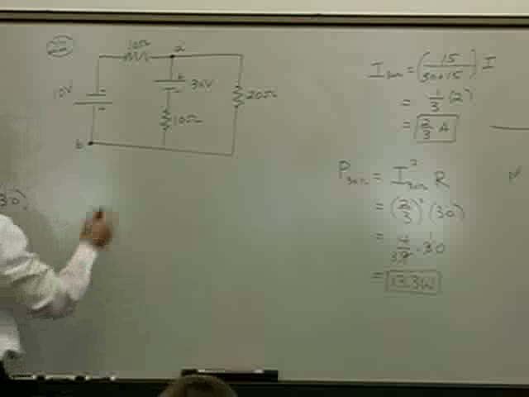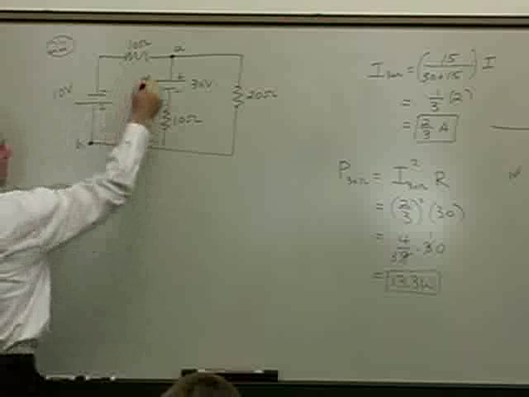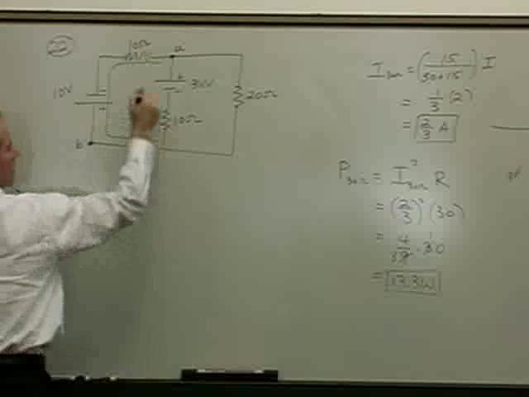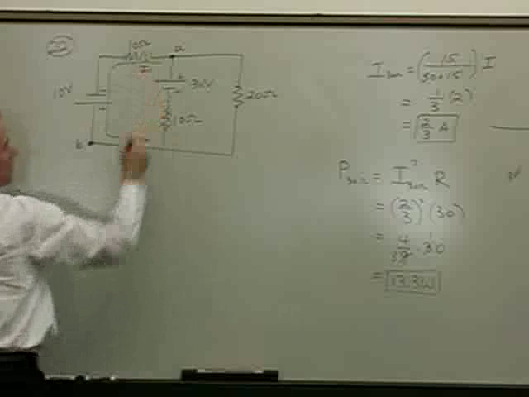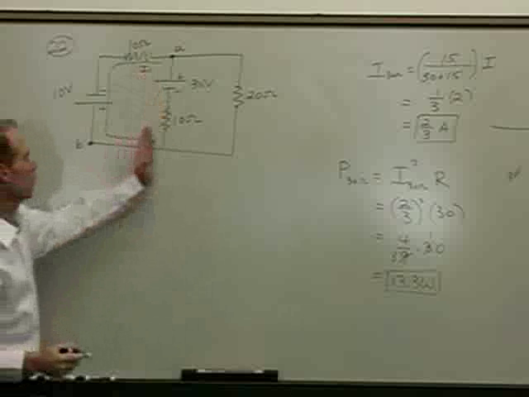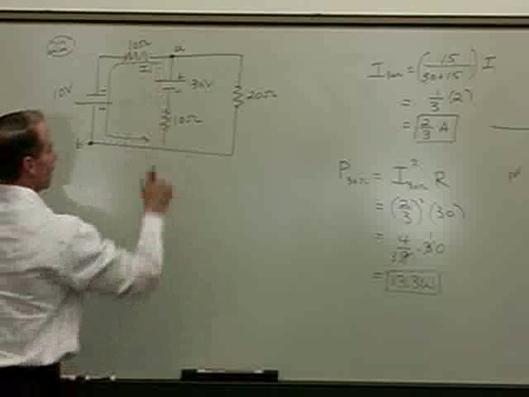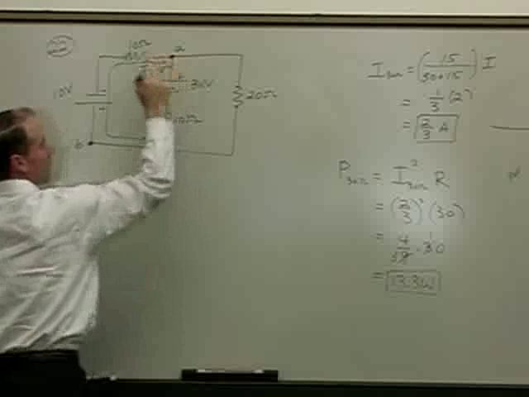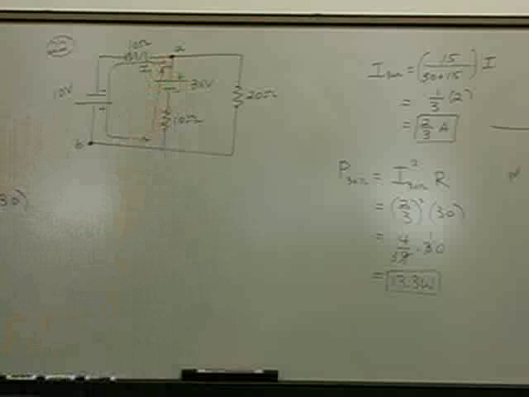So I'm going to go with the orientation of this battery and say that I1 is going like this, along with that battery. And then I'm going to go with the orientation of this middle branch here and say that I2 is going like that. Really, on one of these, I should have just assumed the wrong current direction to see what happens. But not yet.